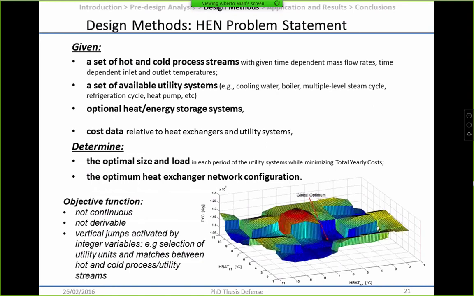You see that there are points where we have a change in slope. This function is not differentiable because there are points in which the derivative does not exist, if we look at the definition of derivative. You may ask yourself what the reason for these jumps is. They are linked to the selection of utilities and the heat exchanger network, and to the activation of binary variables, so variables that are 0 or 1.